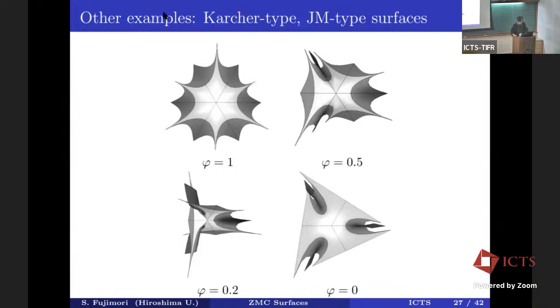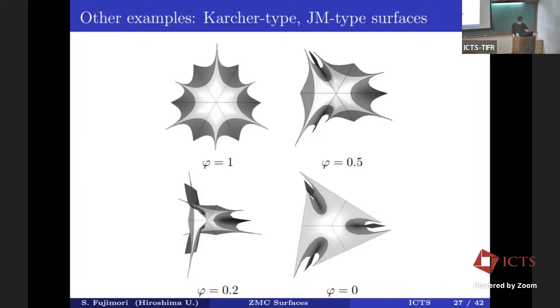Now we consider another example. This is a Karcher type surface, as we saw before, as a limit of the Schwarz H type surface. Now we use the same Weierstrass data of the Karcher surface as we saw before as a minimal surface in R3. Then this corresponds to phi equals 1.